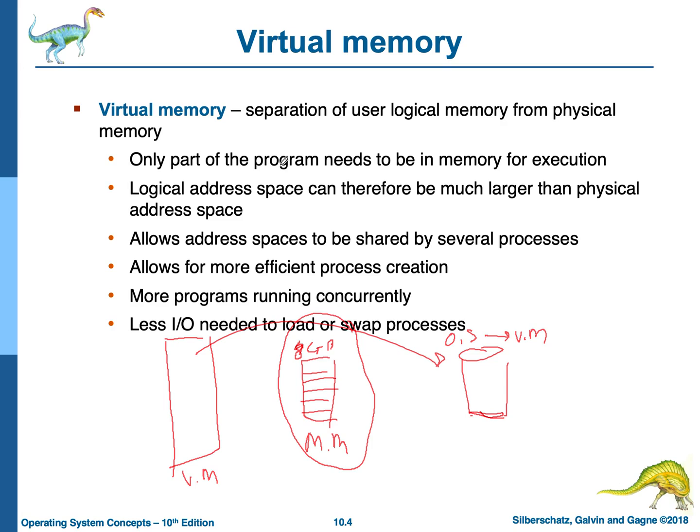How does it achieve this goal? Only a part of the program is loaded into the main memory for execution, and the logical address space can therefore be much larger than the physical memory space. This is the logical or virtual memory space, and it is much larger than the physical memory space. For example, if this is 4 GB, this might be 16 GB or 20 GB. The virtual memory space is always larger, and it allows address spaces to be shared by several processes.